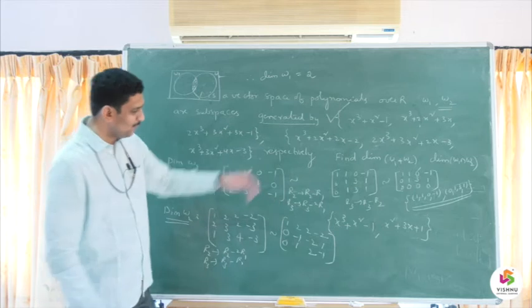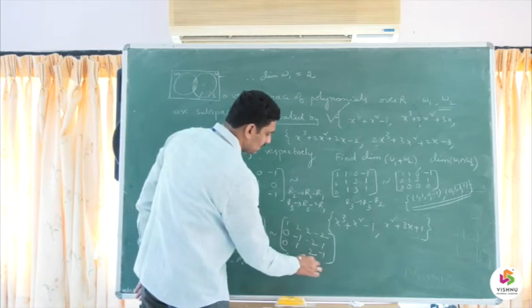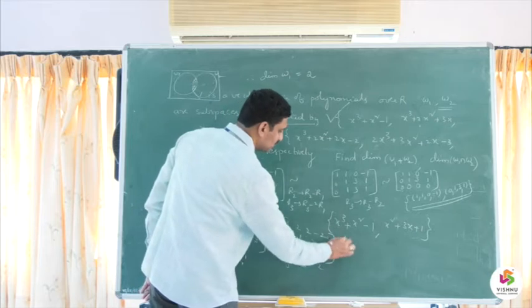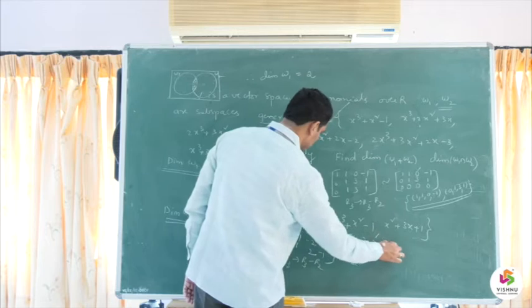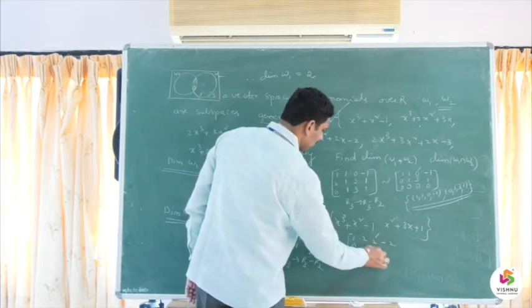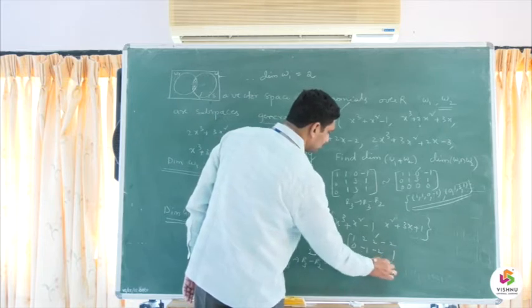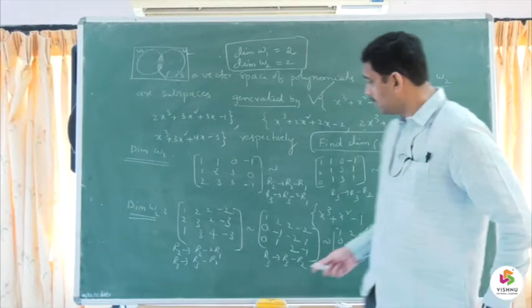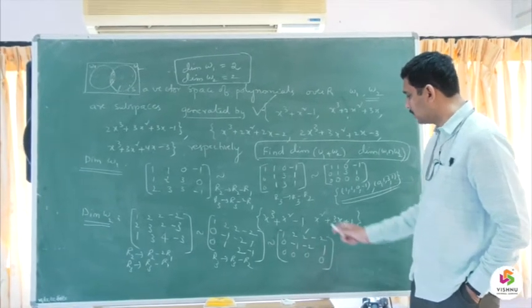Again, if you simply subtract, R3 tends to R3 minus R2, this will be equivalent to 1, 2, 2, minus 2; 0, minus 1, minus 2, 1; 0, 0, 0, 0. So, after calculating the row operations, this is the final one you got.